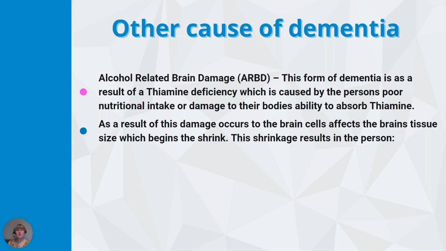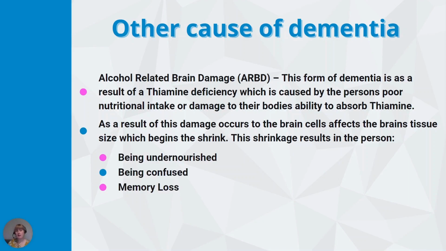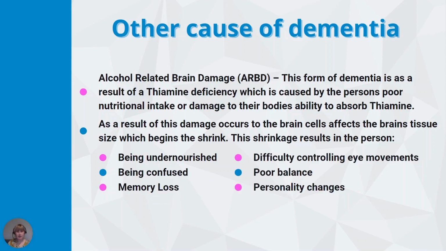The signs and symptoms of somebody with alcohol-related brain damage dementia could be being undernourished, being quite often confused, having memory loss, difficulties controlling their eye movements, poor balance, and also a change in personality. But this is quite difficult to distinguish, especially if they're still alcohol dependent, as alcohol can change a person's abilities, their cognitive function and their personality traits as well.